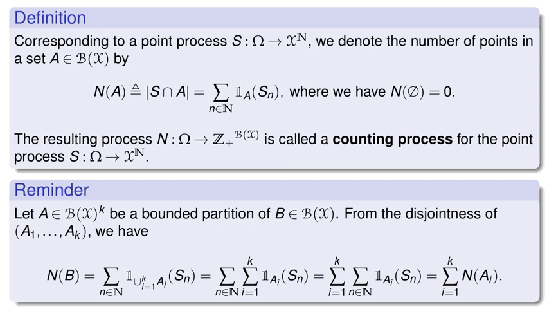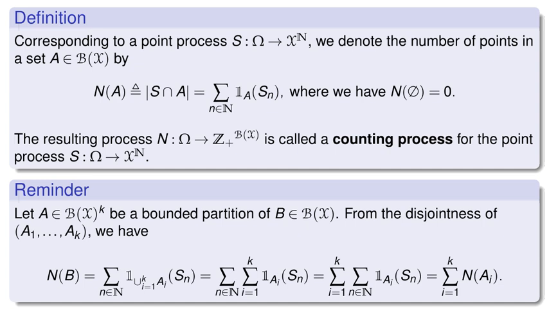Let A be a collection of k sets, A1 through Ak, which are elements of script B of script X, and form a bounded partition of some set B also in script B of script X. Due to the disjointness of A1 through Ak, we have N of B equals the sum over n in the natural numbers of the indicator that S sub n is in the union from i equals 1 to k of A sub i.